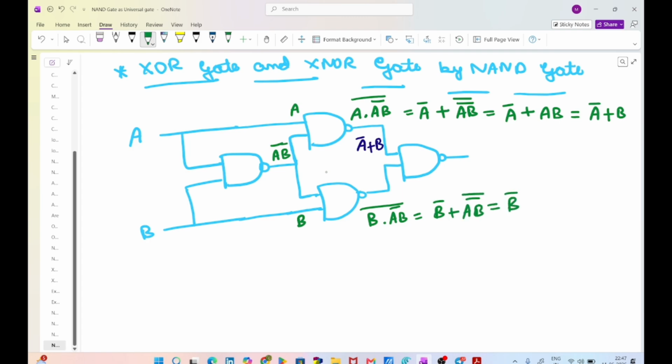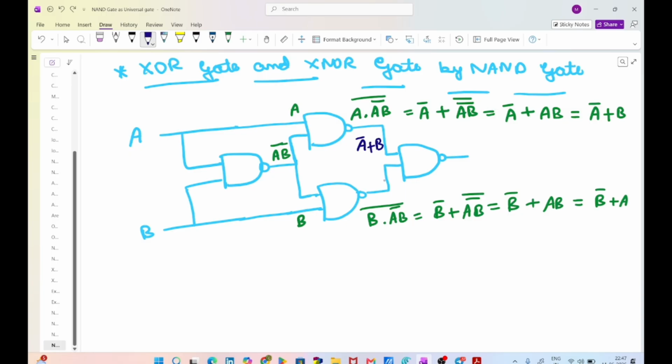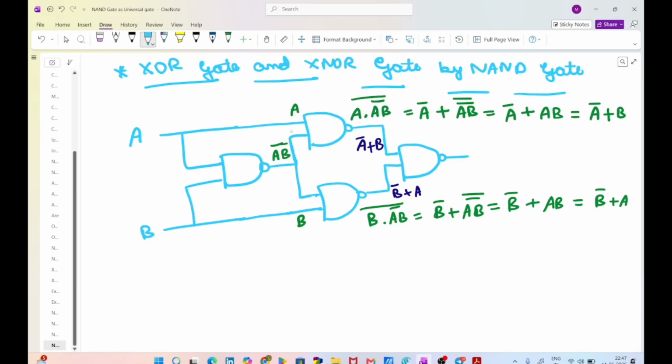It will become B bar plus A B. Through the distributive law, it will become B bar plus A. Write B bar plus A here. Then these are the inputs to the NAND gate: A bar plus B, B bar plus A, whole bar.